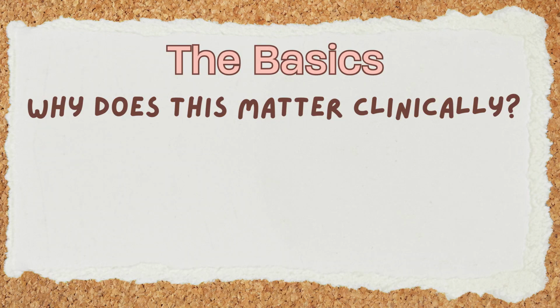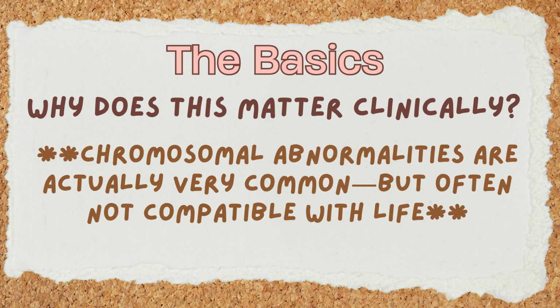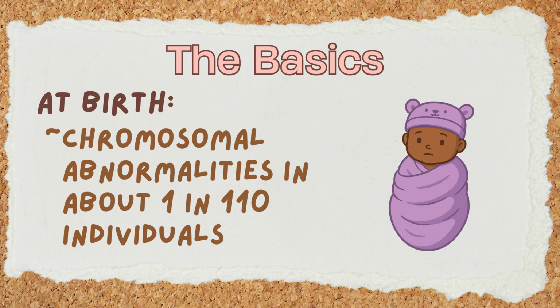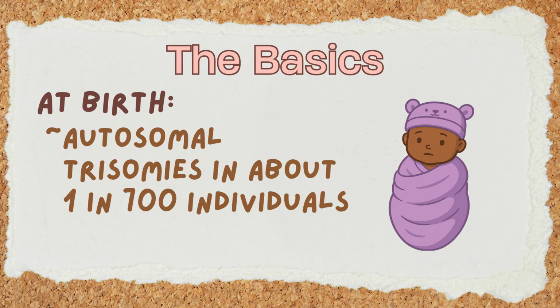So, why does this matter clinically? One of the most important things to understand is that chromosomal abnormalities are actually very common, but they're not often compatible with life. At birth, we see chromosomal abnormalities in about 1 in 110 individuals, and autosomal trisomies in about 1 in 700.